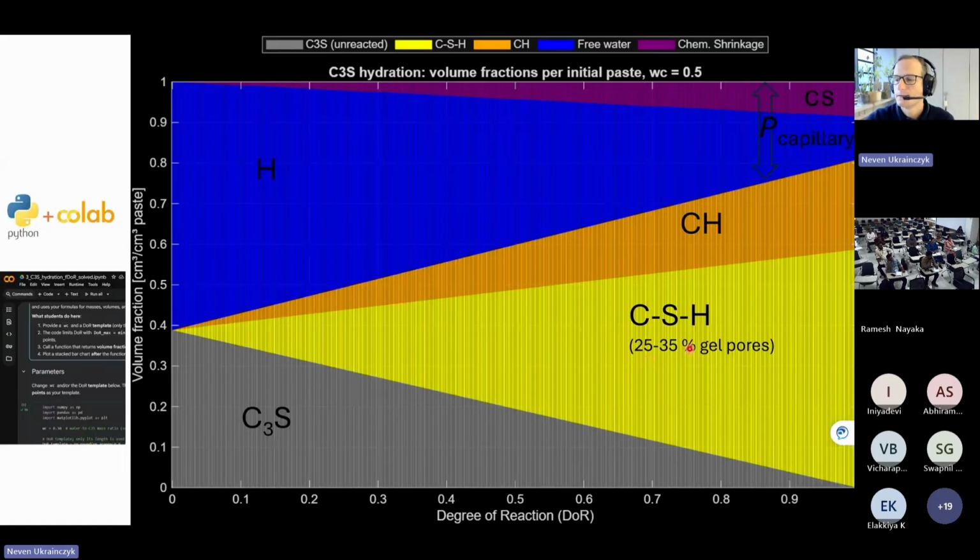The inner CSH is more dense, so this has 25% of gel pores, and the outer shell CSH is very porous because it grows in the pores. And even without the capillary porosity, if you only take the CSH part as a solid, you also have 35% of porosity below 10 nanometers.